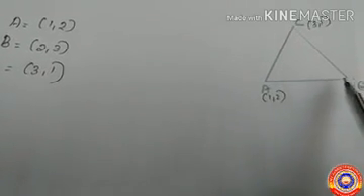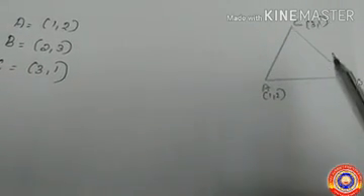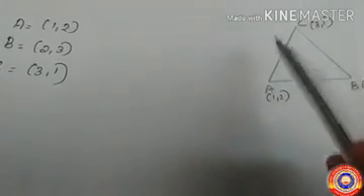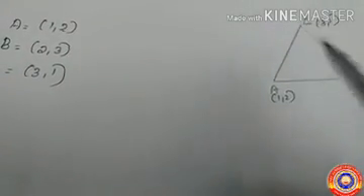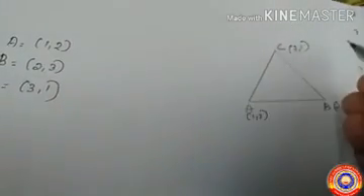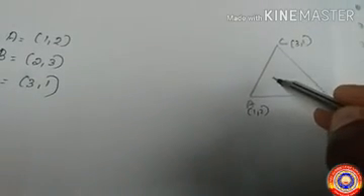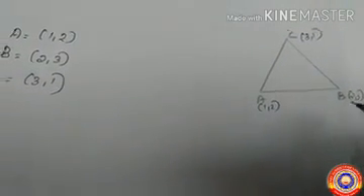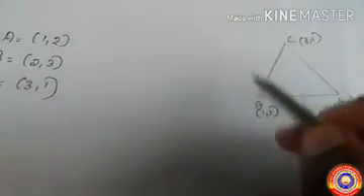Here we have to find the circumcenter and circumradius of this triangle. So first we have to check which type of triangle this is, because the circumcenter is different for each triangle. It may be inside, outside or on the triangle for different triangles, which you have already learned in your 9th standard.